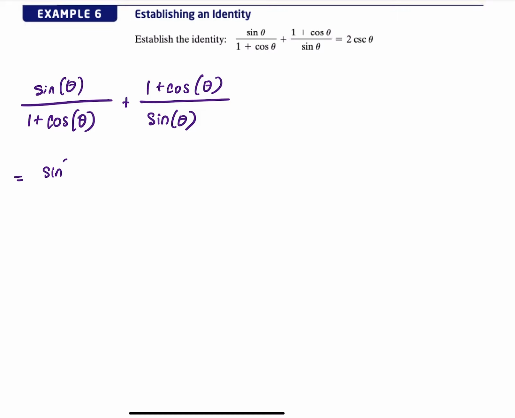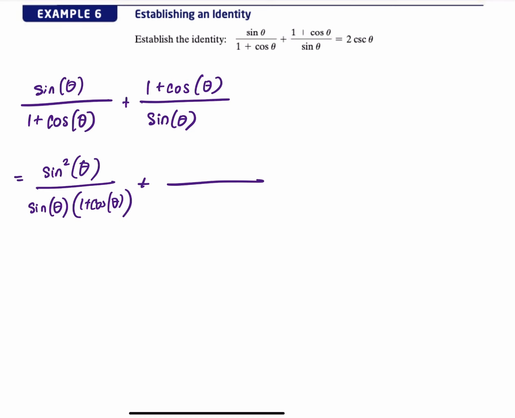That will give us a sine squared in the numerator. And then we'll have sine times 1 plus cosine. And then the right fraction, we want to multiply by 1 plus cosine. We want to multiply by this denominator. So I would get 1 plus cosine times 1 plus cosine.